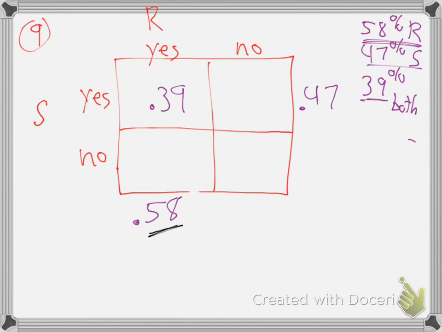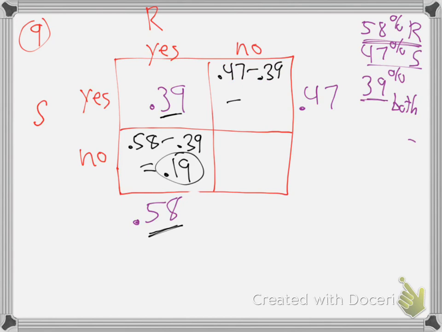Right? So 0.58 minus 0.39 is, what is it? 19, thank you. So that must be 0.19 there. And same thing here. This is 0.47 minus 0.39, 0.08, right?